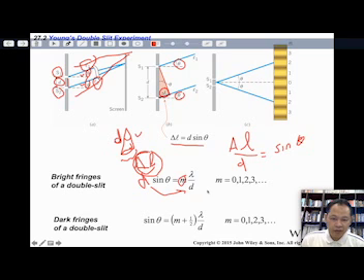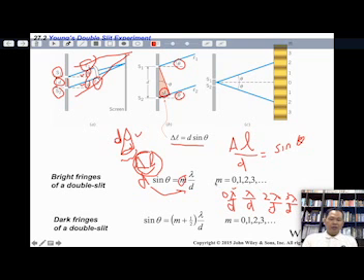So you can have lambda over d, for the first is 0, then it means lambda over d, and this is 2 lambda over d, 3 lambda over d, and so on.